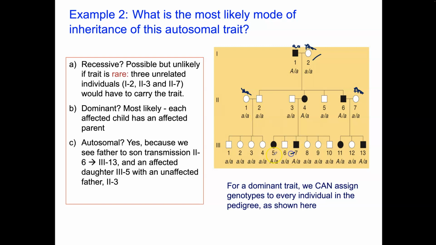Notice that every child who has the condition has one affected parent. Every single one, for everybody for whom we know their information. And so it's a dominant condition. And we see, for example, here's a case where a father passes it on to his son and to his daughter.